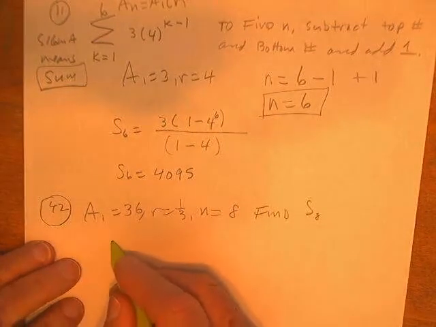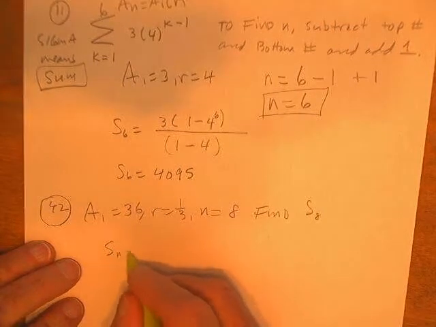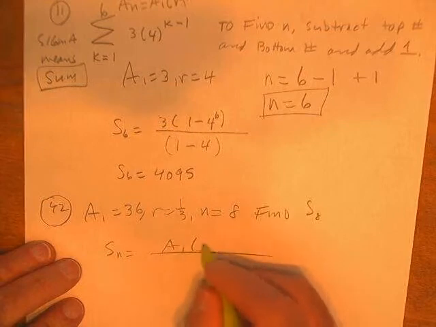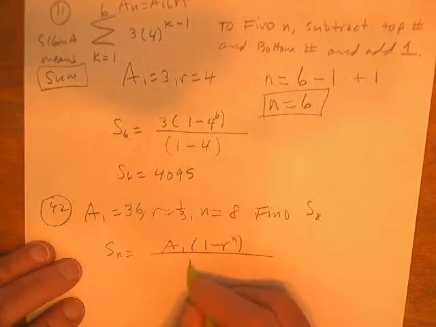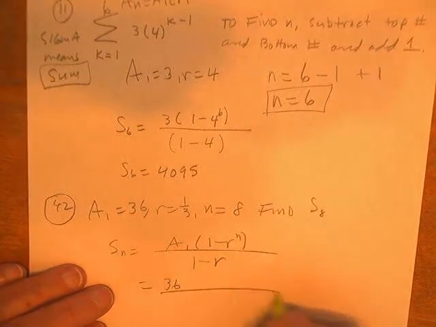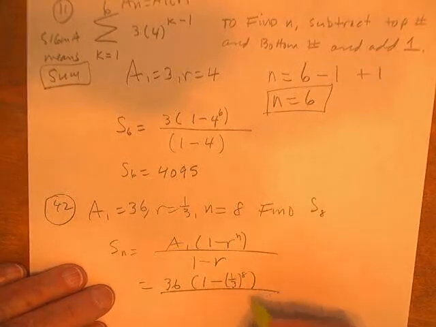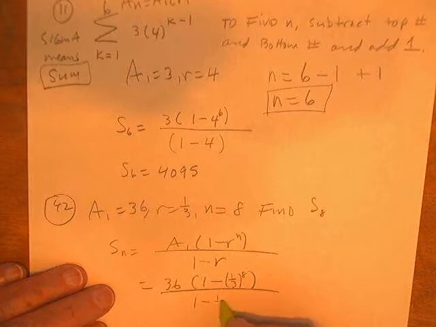So we're going to use the same formula that we just used. Let's plug them in. The first term is 36, 1 minus R to the 8th power, over 1 minus R.